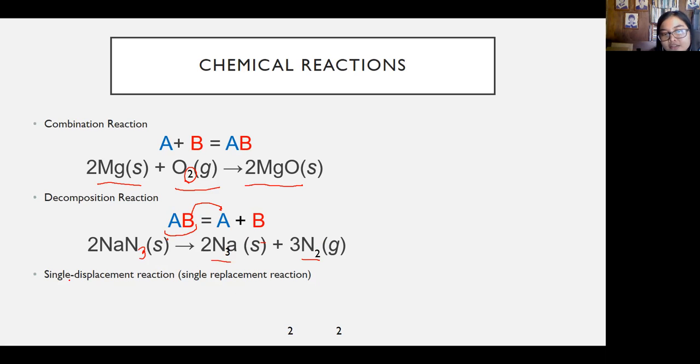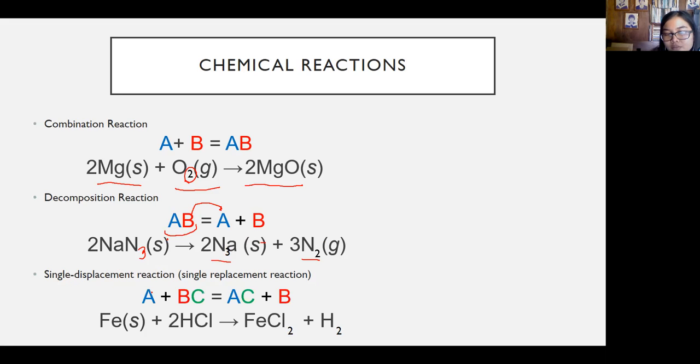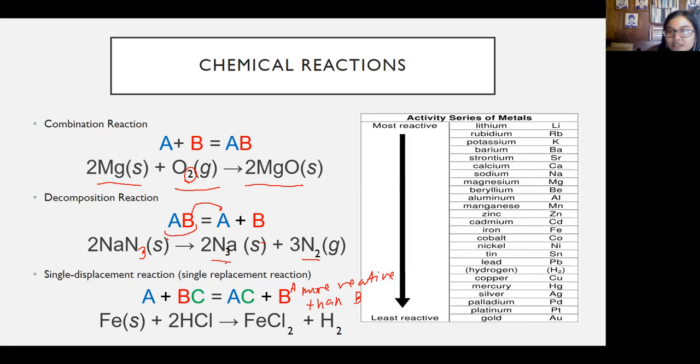So for the single displacement reaction naman, this follows the formula A plus BC is equal to AC plus B, where A should be more reactive than B. So makikita natin siya dito sa active series of metals.